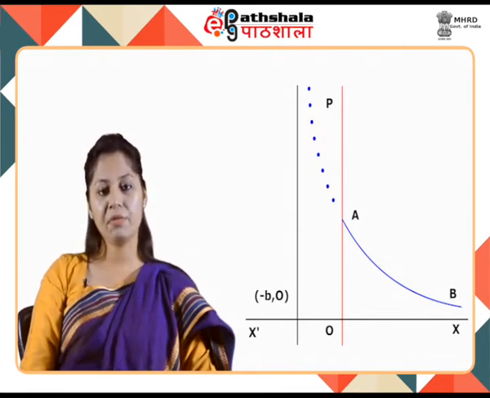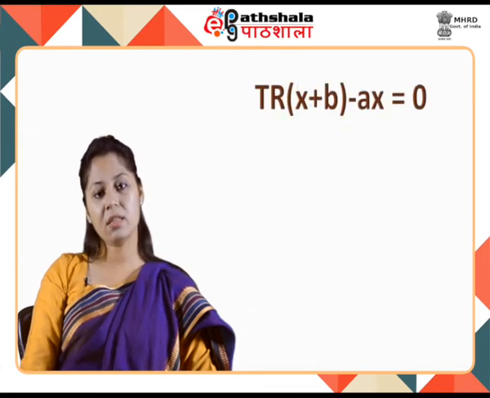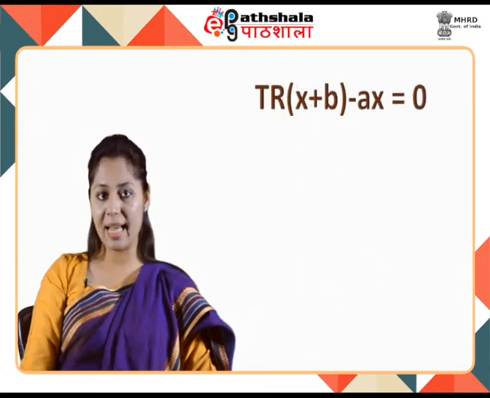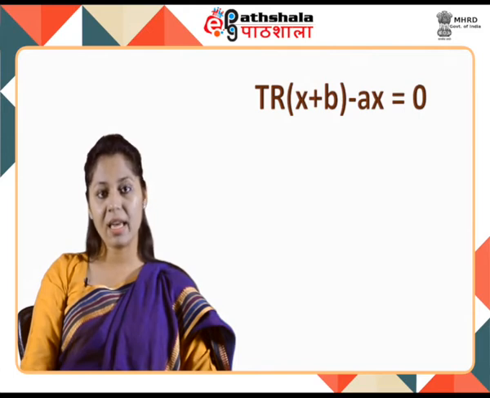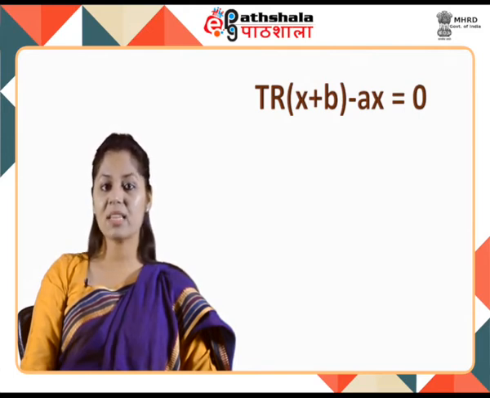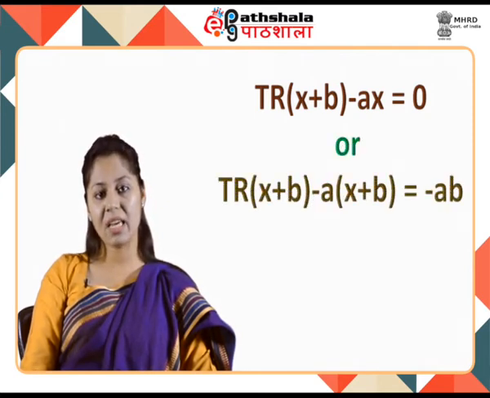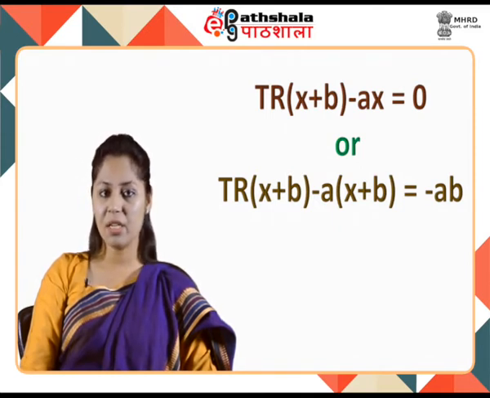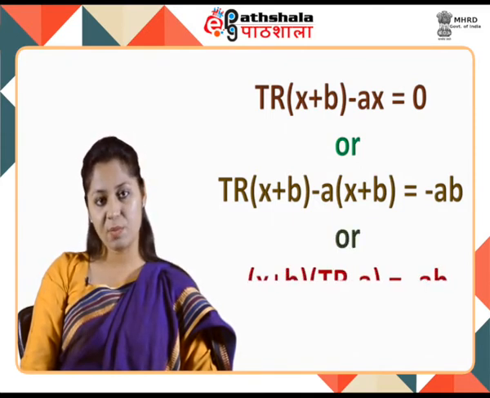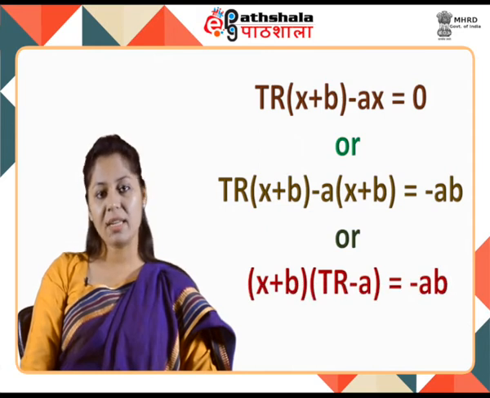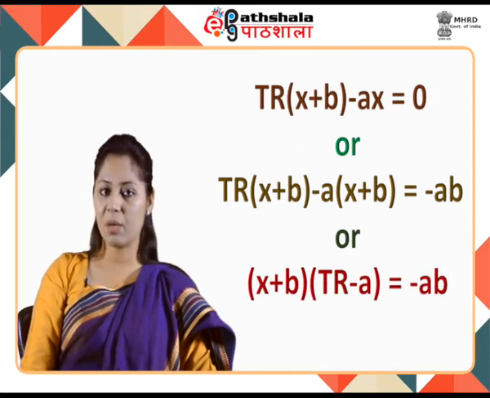As shown in the figure, we can write the total revenue function as TR(x plus b) minus ax is equal to 0, or TR(x plus b) minus a(x plus b) is equal to minus ab, or (x plus b)(TR minus a) is equal to minus ab.